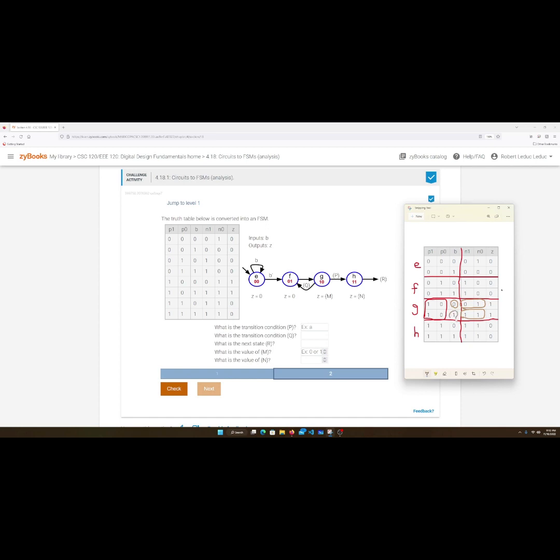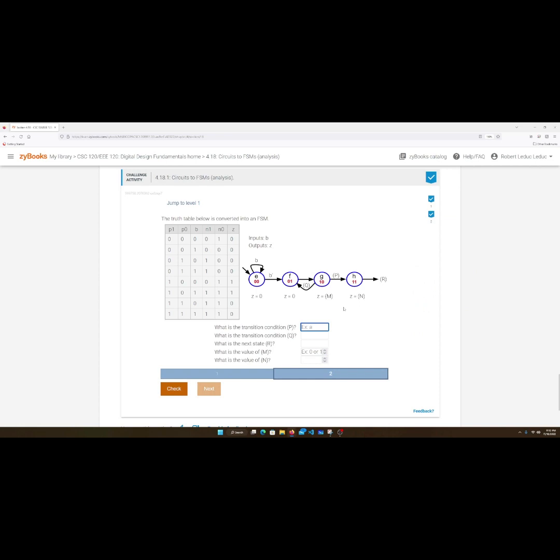So in the case that the input B is 1, in the case that the input value is 1, the state register values correspond to the values at H. So for input 1, we're going to transition to H. So that is our answer for P. They're not asking for the state.